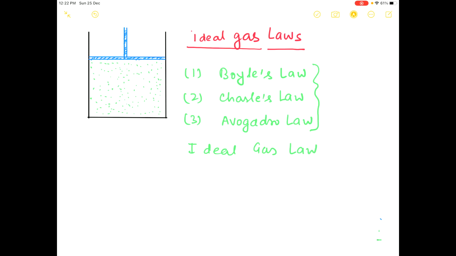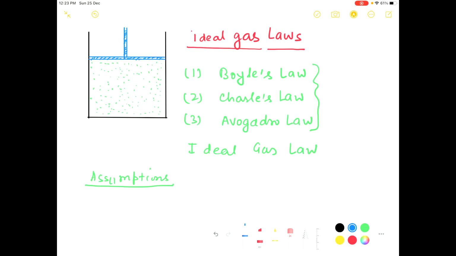Now before we come on to Boyle's law, we have some assumptions of ideal gas. What are these assumptions?